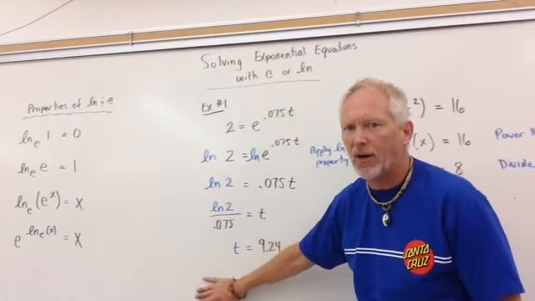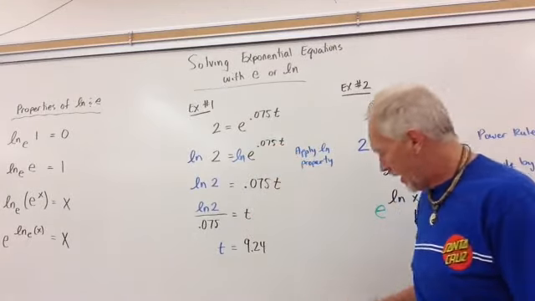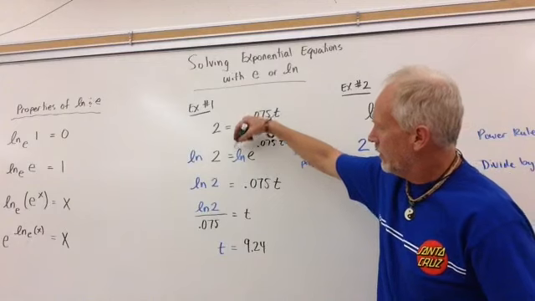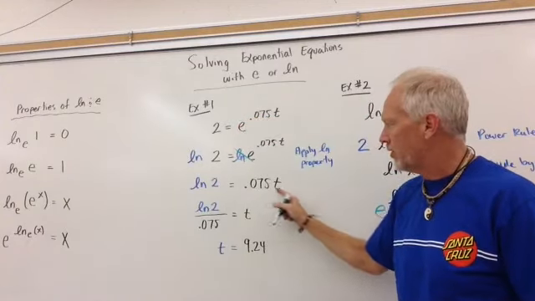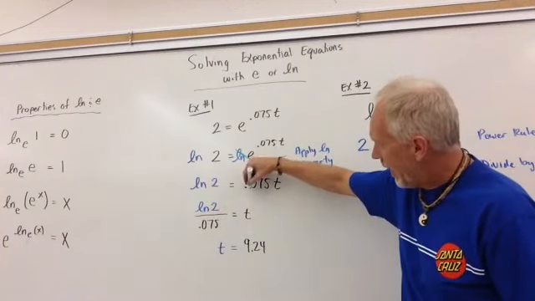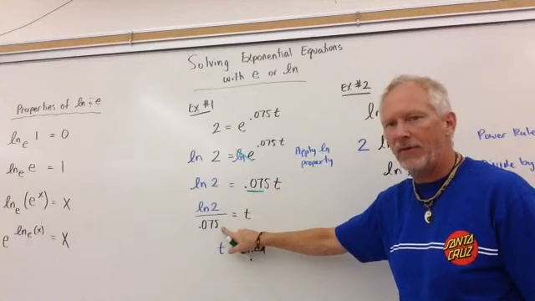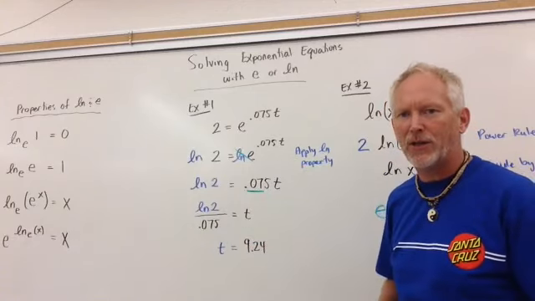And so that's what happens here: this 0.075t just drops down. This ln of e actually just goes away. And so we are left with 0.075t, and ln of 2 on this side. We divide now by 0.075, and we get t is equal to, put that in your calculator, 9.24.